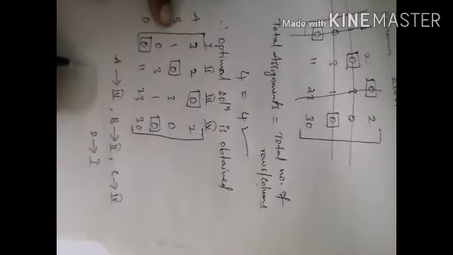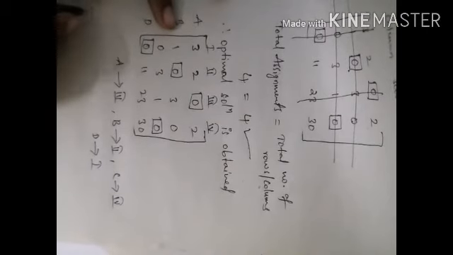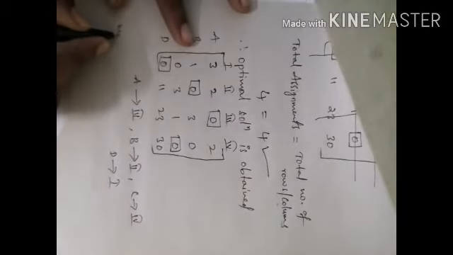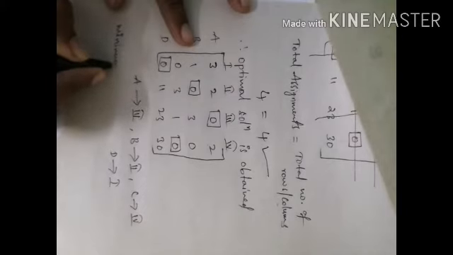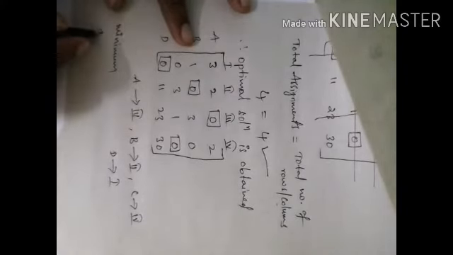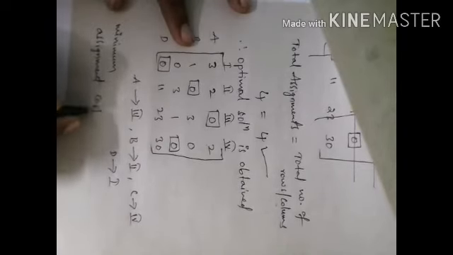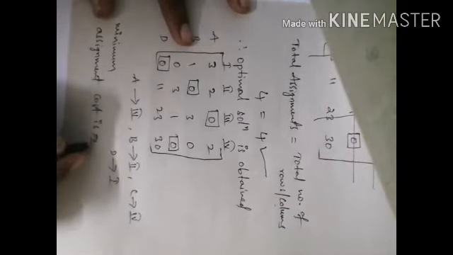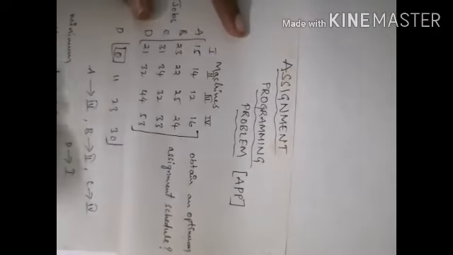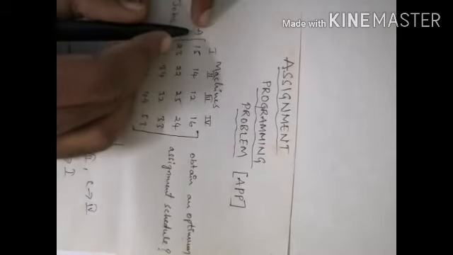So now we need to get the minimum assignment cost. Z is equal to: see the question, what is given in the question.